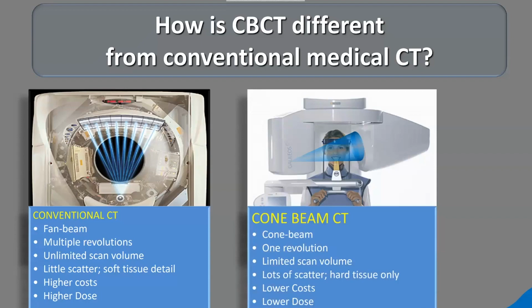It's the reason why we may not have the soft tissue detail that we see with medical CT, but we have excellent hard tissue detail, and hard tissue detail only, which is exactly what we want for dentistry. If we had to go back and review all of the soft tissues, all the muscles of the face and that sort of thing, it would really take us a lot of time to go through these images, and it really wouldn't be beneficial to us. So it's excellent that we're really just seeing that hard tissue.